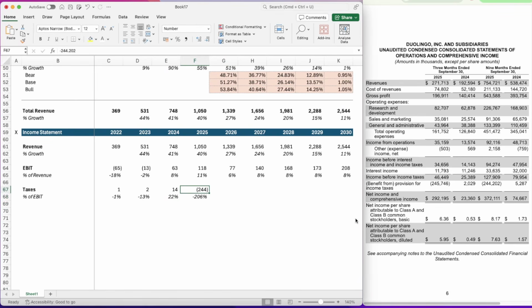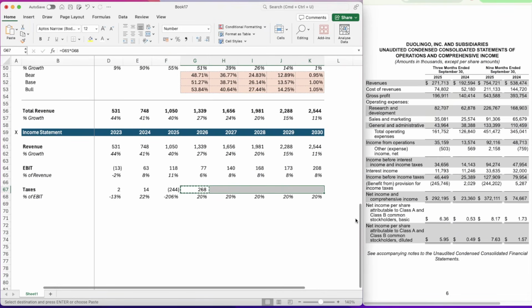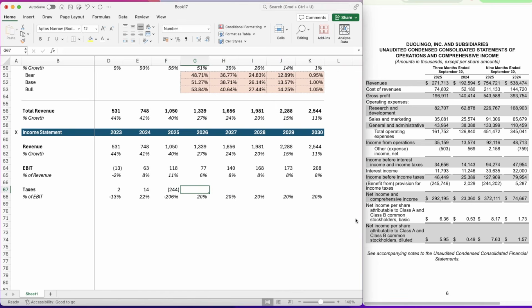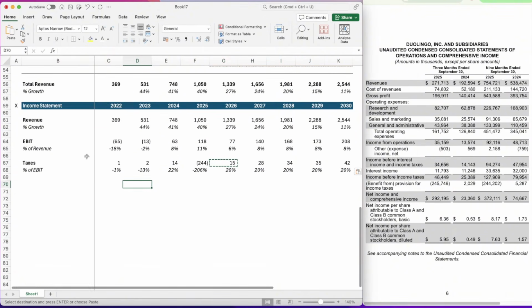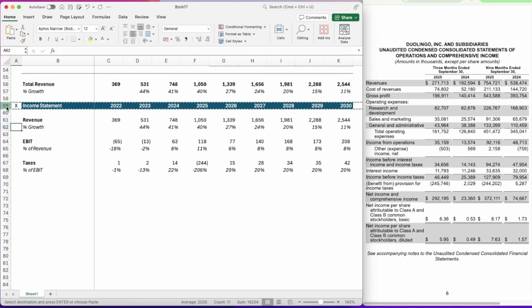They benefited there, but that's not going to be the norm. We'll put a 20% tax rate going. EBIT multiplied by the tax rate to find out. Okay, that's the income statement done.